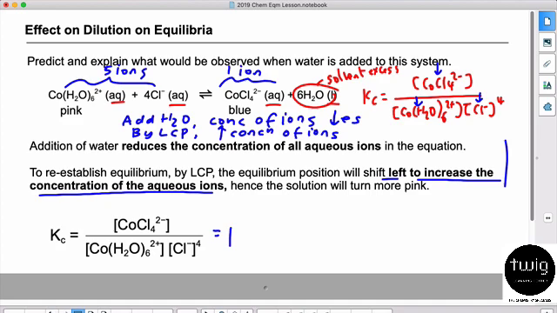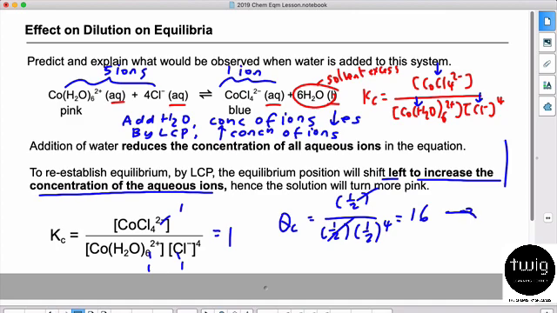When the volume doubles, there's a new Qc, since Qc is at any point in time. All the concentrations will halve. So this becomes half, this becomes half, and this becomes half to the power of 4. Cancel, and actually this is 16. Make sense? But 16 is not equilibrium. It must go back to what value?